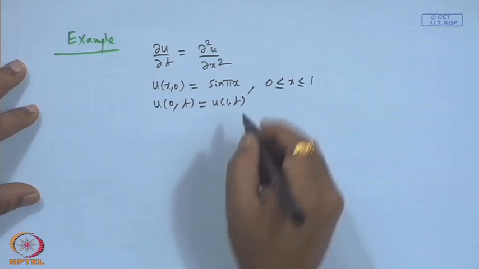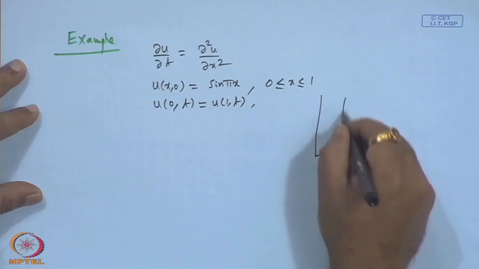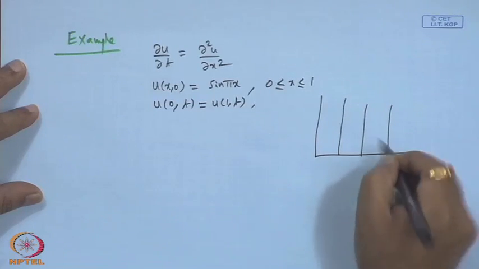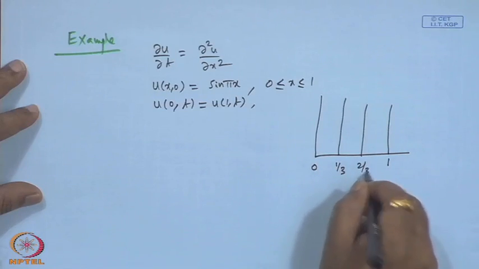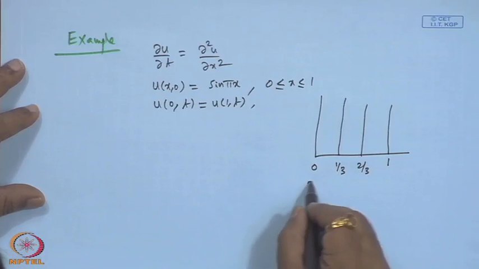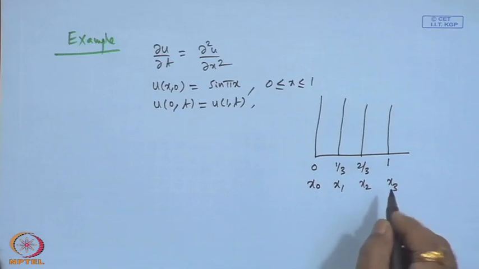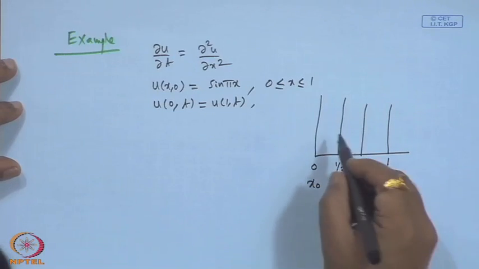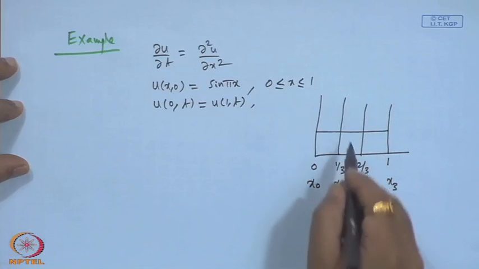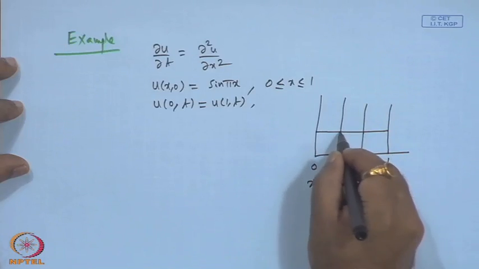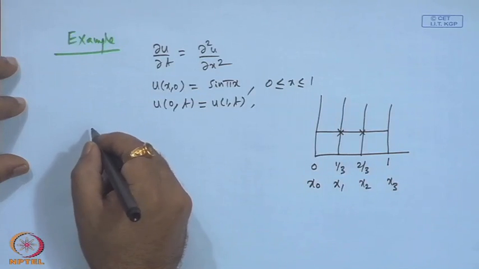Okay. And so, this is 0 and 1. So, this is 1 by 3, then this is 2 by 3. Okay. So, this is x 0, x 1, x 2, x 3. Okay. So, now we want to run the scheme. So, the unknown points in the internal grid points are these 2. Okay. So, let us consider the formula.